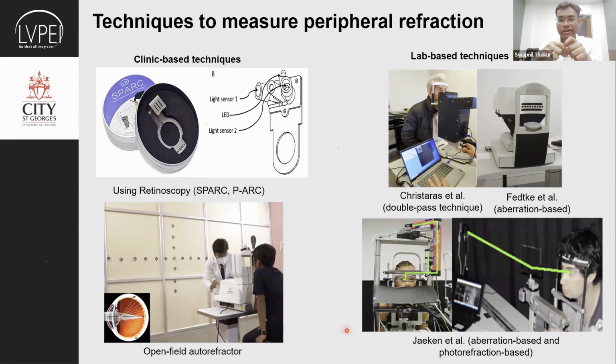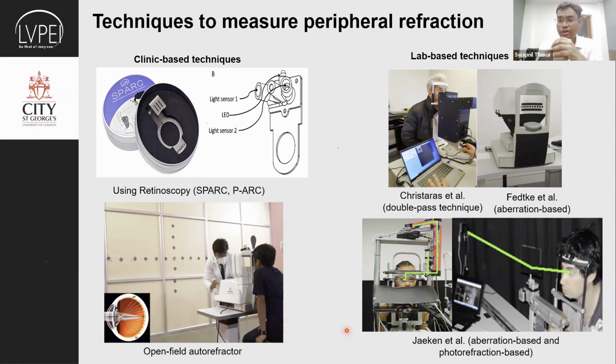I'll discuss the SPARK and PARC later. Apart from retinoscopy, we also have the open field autorefractor, but the problem with it is that it requires a larger clinical space, and it's also very expensive.